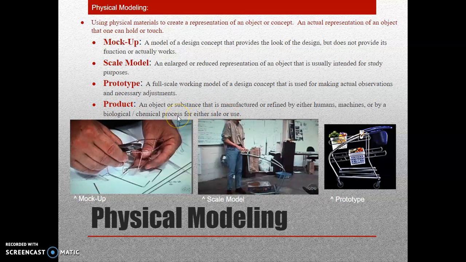So, in other words, when we make the iPhone, that's a product. We sold that. But then it is later refined by humans and machines for resale. Okay, again and again and again. And this whole biological and chemical process, that might be talking about like medicine. Okay, but a product is something you would physically buy.